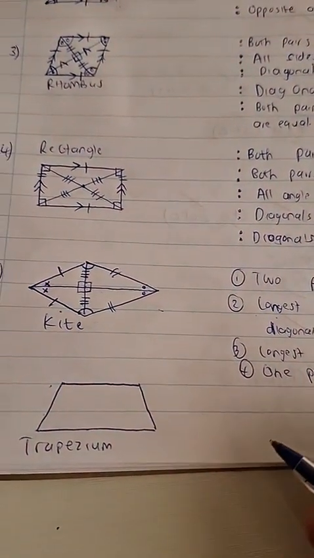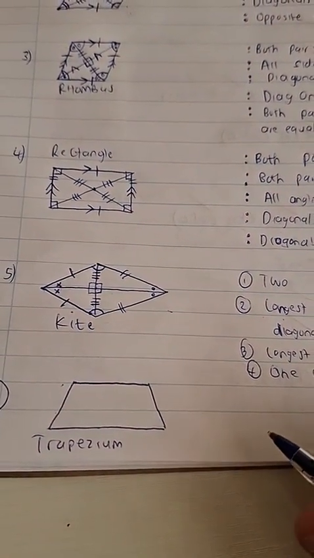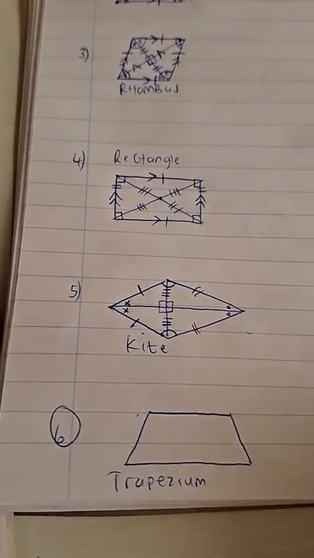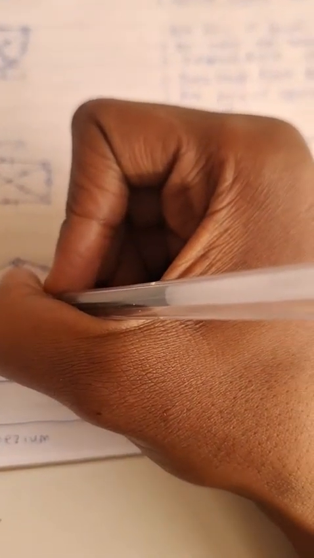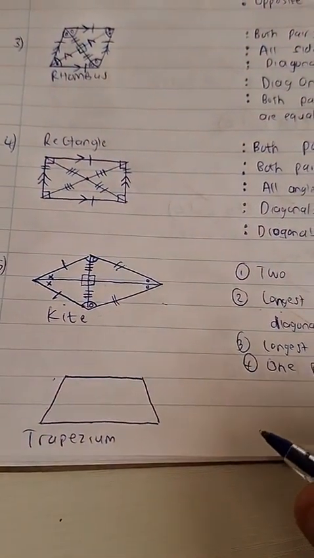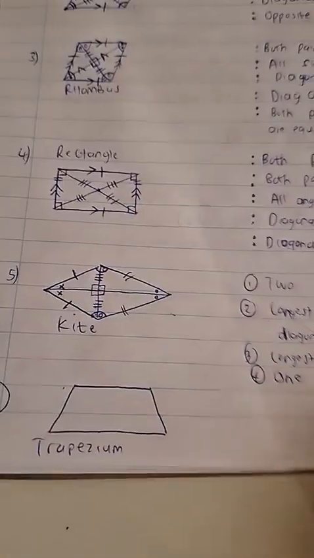Well, this angle and that angle are equal. Okay? Very much so. And you know what? That angle will definitely be equal to that angle in the same way. And that one and that one will also be equal in the same way.